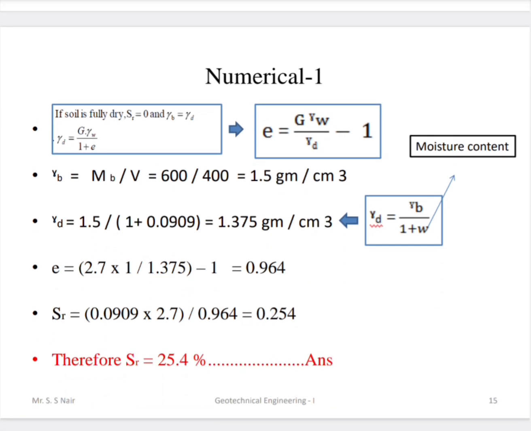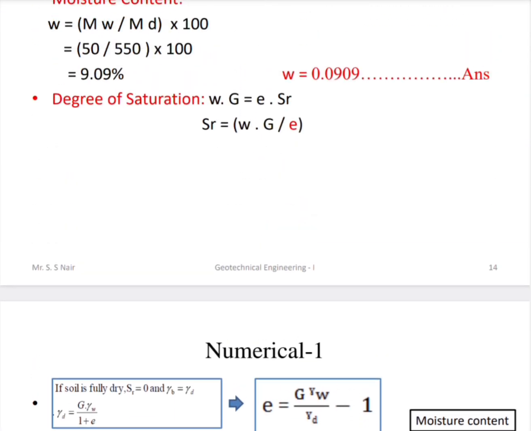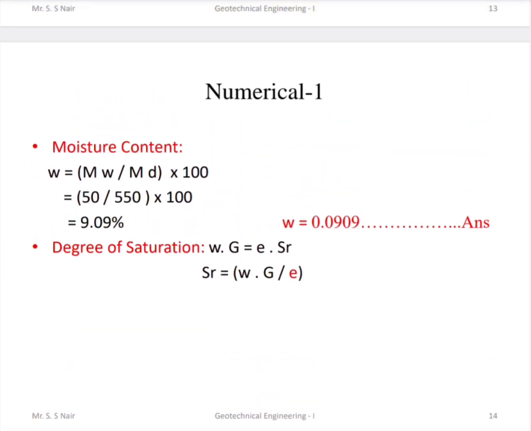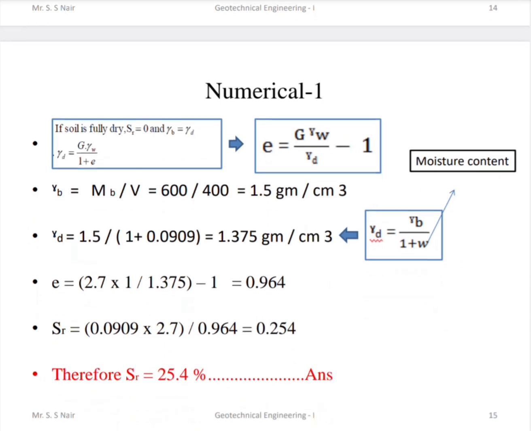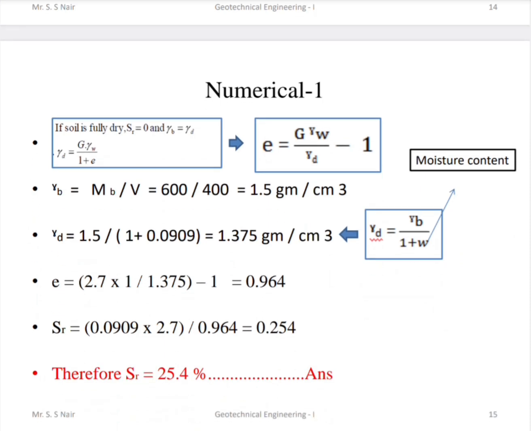So now we need void ratio first, because we don't have the E value. So E is equal to G gamma W divided by gamma D, minus 1, from the dry density equation.